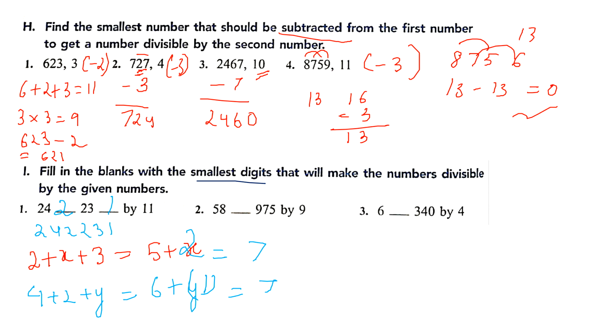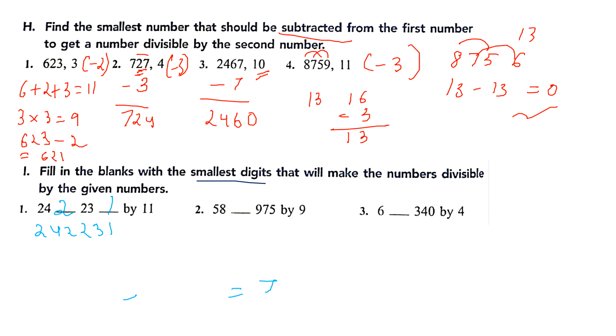Okay. Now in the case of 9, let us take up the next question. That is 5, 8, and then there is a blank space. Let's see how much you will be adding here. So 5 plus 8 plus x plus 9 plus 7 plus 5. Add them all.